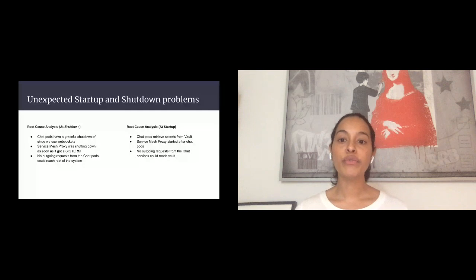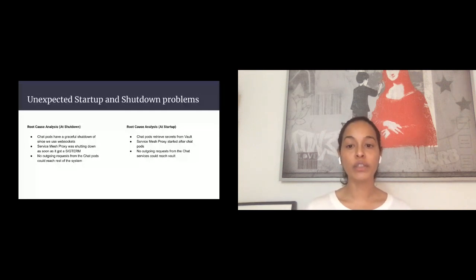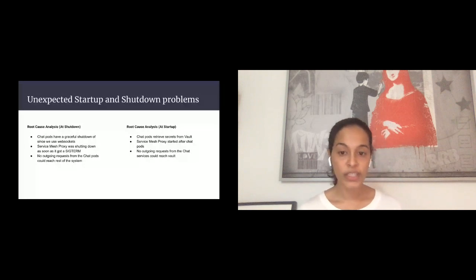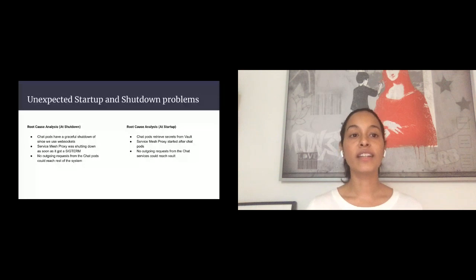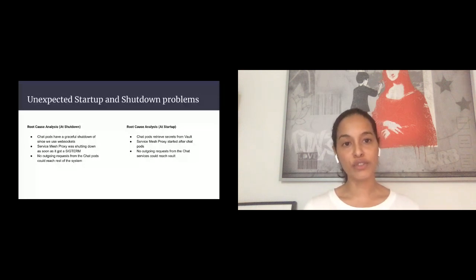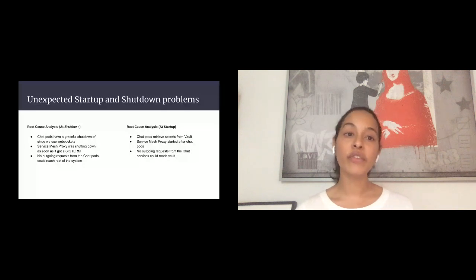Now, in terms of what we saw at startup, where the services were failing to start up and the SDKs were not loading, here the problem was the service mesh proxy was coming up a little bit later compared to the chat services. So the chat services were up first, and at startup, they try to retrieve config, they try to retrieve secrets.